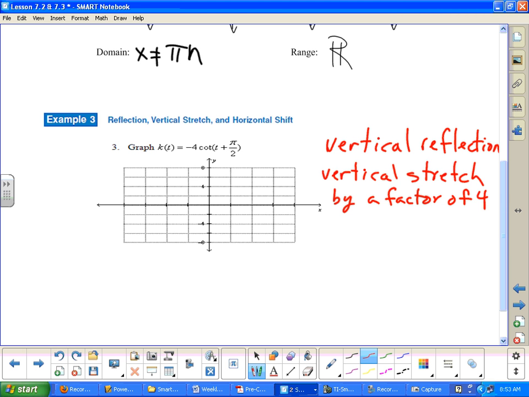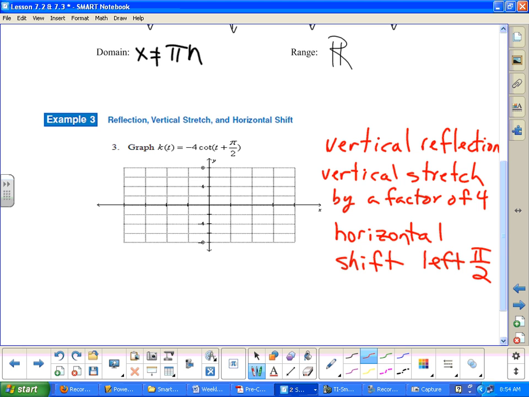It's going to be a horizontal shift, pi over 2 to the left. So we have a horizontal shift left pi over 2.